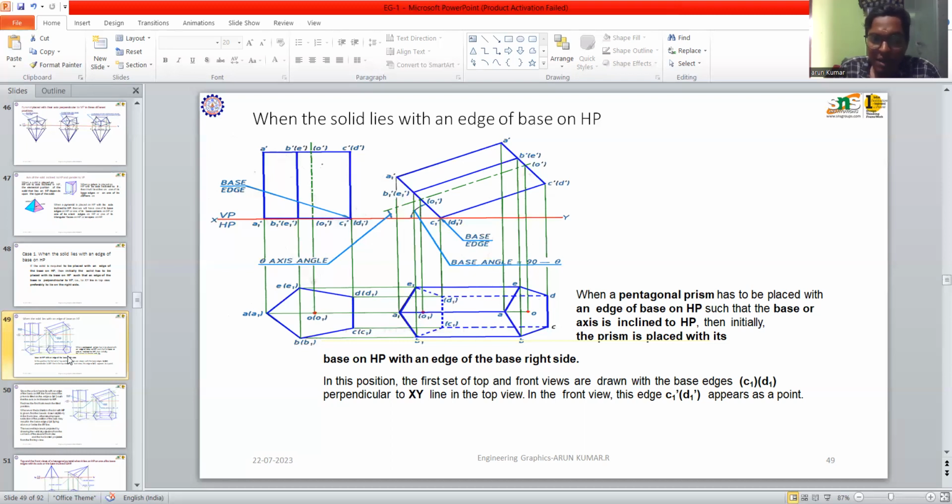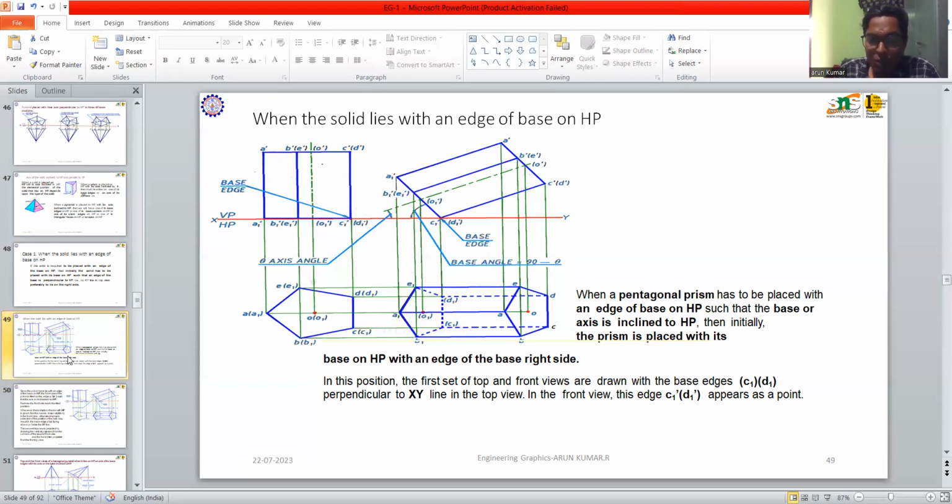For example, I take B1, C1, D1, E1, A1 and draw the horizontal lines. All the points of the tilted prism are projected by downward vertical lines, and from the top view of the pentagon I draw the horizontal projection lines.